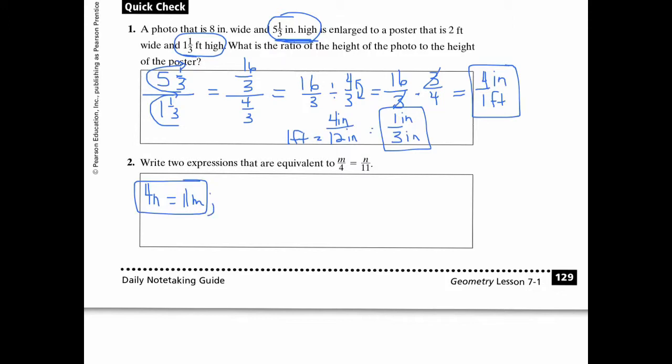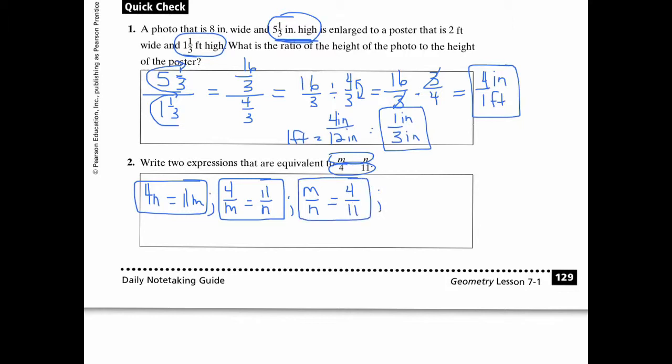Or if I flipped them upside down, remember that was one of our ways, that would be 4/m equals 11/n. So there's another correct way. Or the other thing that they did, remember, is we went side to side. So wouldn't that be m/n equals 4/11?